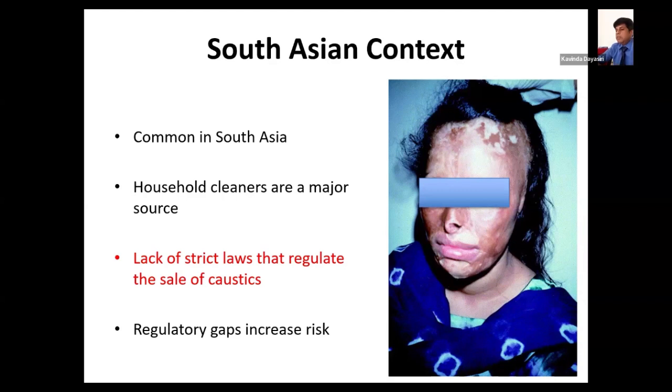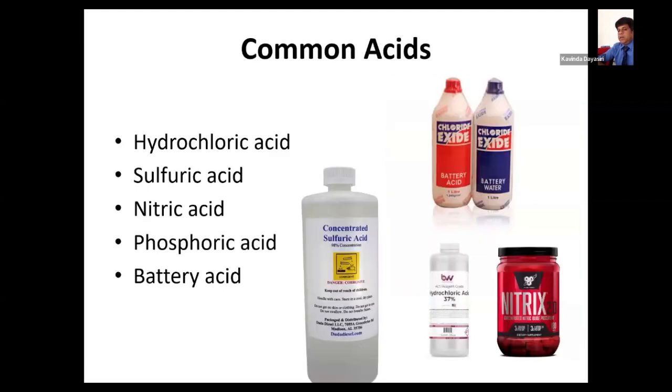Among common acids, we are quite familiar with these. Almost all of them have a pH of less than 2: hydrochloric acid and sulfuric acid, which are commonly used in industry and sometimes as battery acid, as well as nitric acid and phosphoric acid.